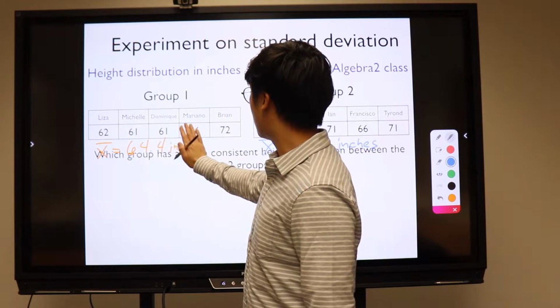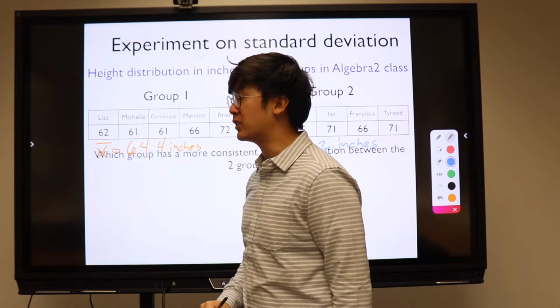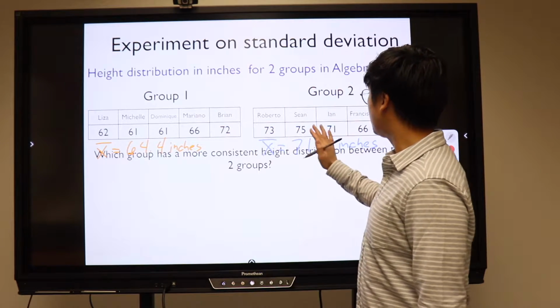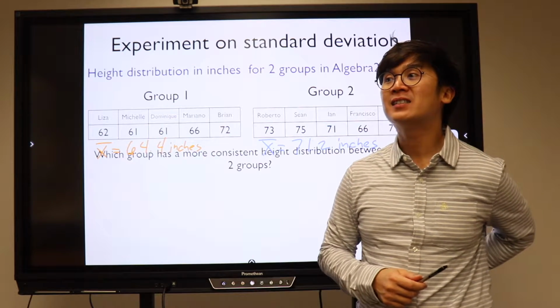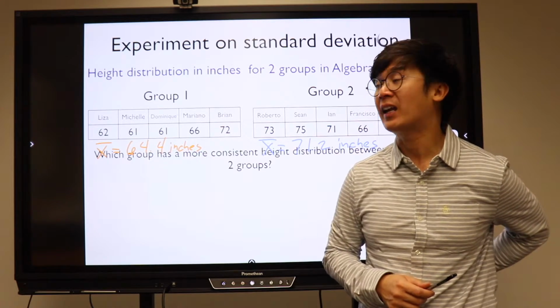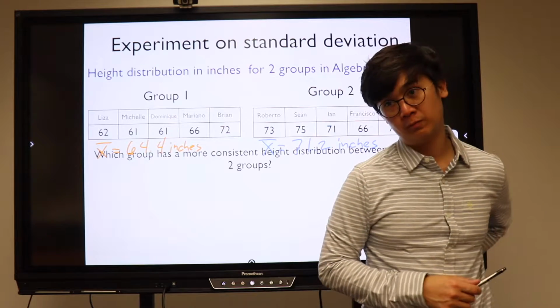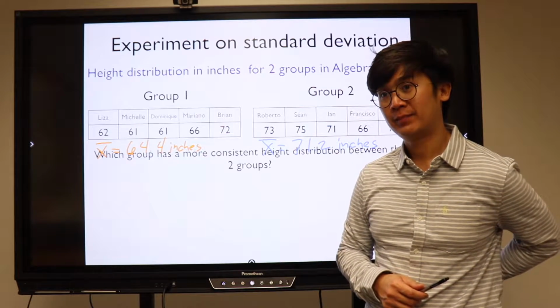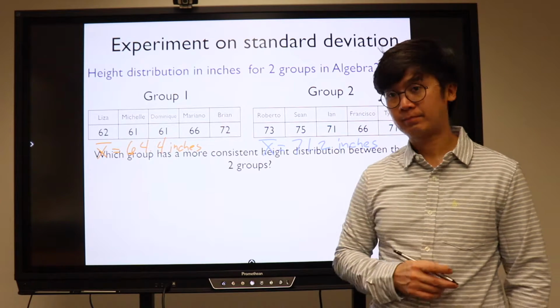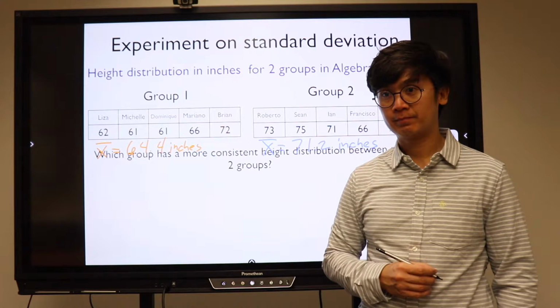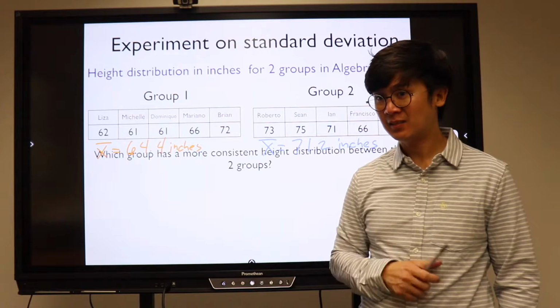Group 1: 62, 61, 61, 66 inches, and 72 inches. Group 2: 73, 75, 71, 66, and 71. Which one do you think has a more consistent height, group 1 or group 2, if we're talking about consistency? Any guesses?